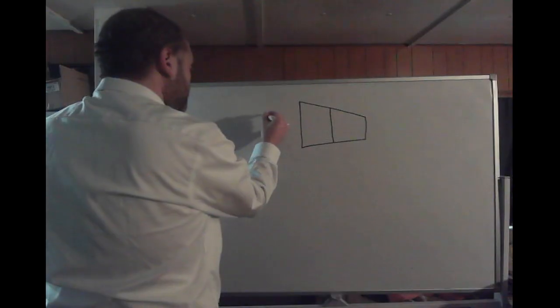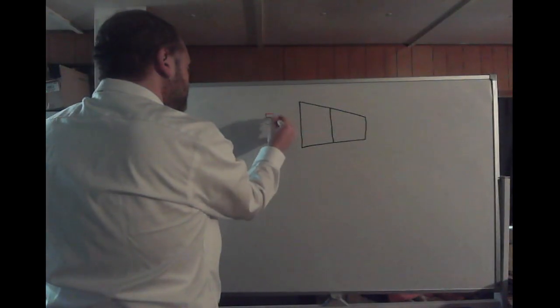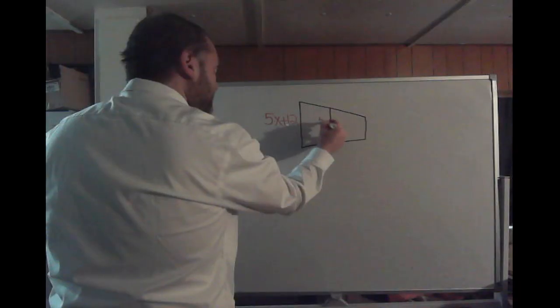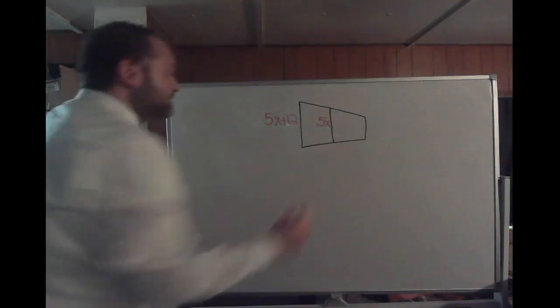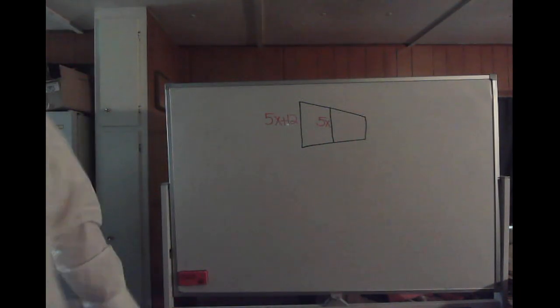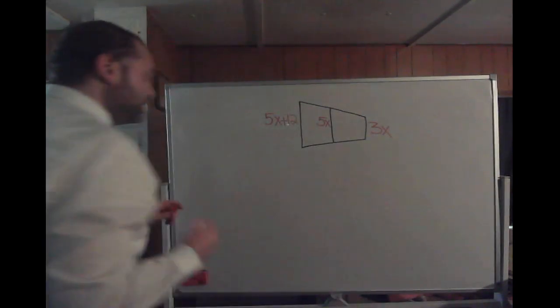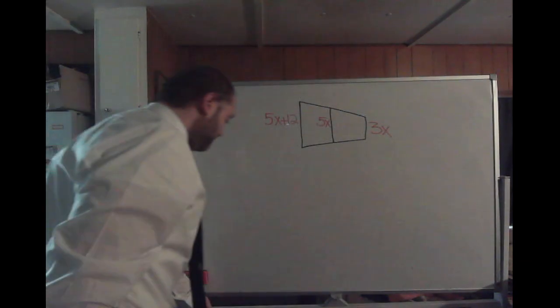Let's see what we get for lengths this time. So the left base of the trapezoid is 5x plus 12. The median is just 5x. And then the right base is 3x. So those are all the lengths for your trapezoid.